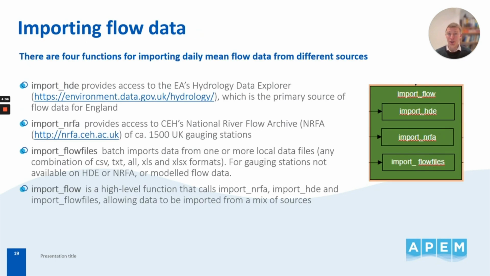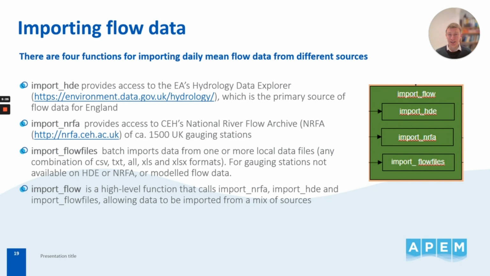We're going to start off by looking at the various functions for importing flow data. The HE Toolkit actually has 4 separate functions, all of which allow us to import daily mean flow data, but from different sources. Your usual starting point would typically be the import HDE function, because this provides access to the Environment Agency's Hydrology Data Explorer tool.